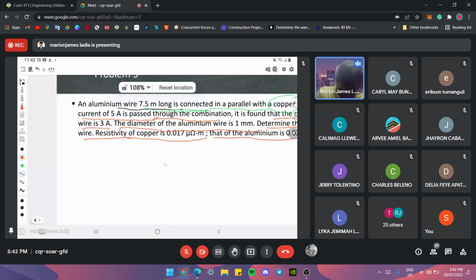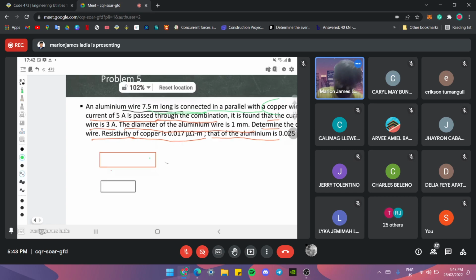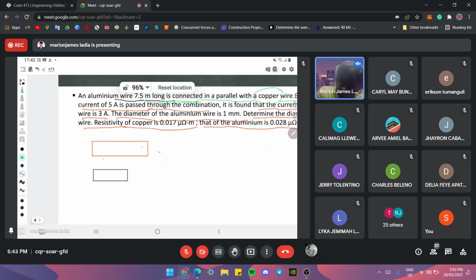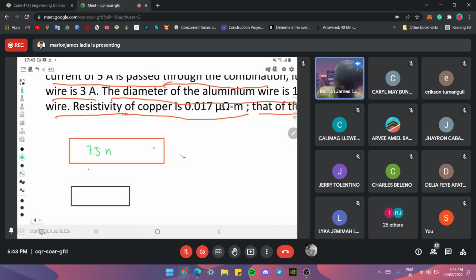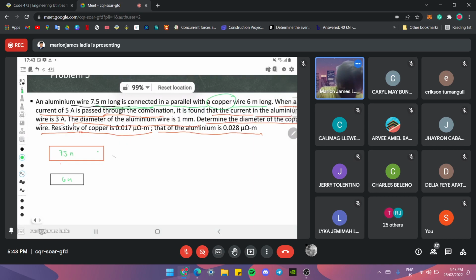Okay. Para mechanics lang din, pag hindi mo maintindihan, drawing natin. So first, ito yung aluminum natin. Tapos second, ito yung ating copper. Okay. And this is 7.5 meter according to the problem. And this is yung 6 meter according to the problem. So ang ginawa natin is that, syempre, naka-parallel.